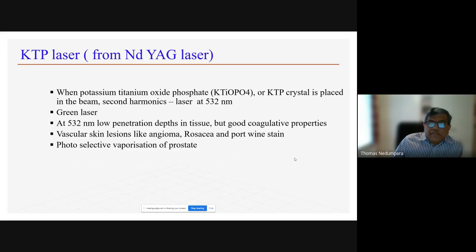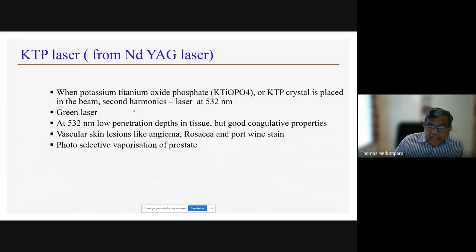KTP laser is a variation of the Nd:YAG laser. Here, potassium titanium oxide phosphate crystal is placed in a beam of Nd:YAG laser, which has a wavelength of 1064. So its wavelength is reduced to 532. The advantage is, at a lower wavelength, it has better coagulative properties.